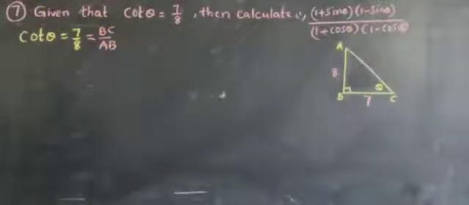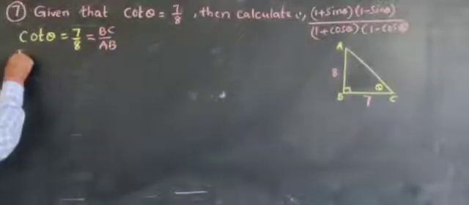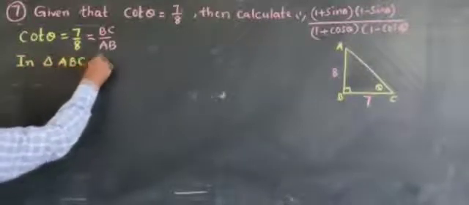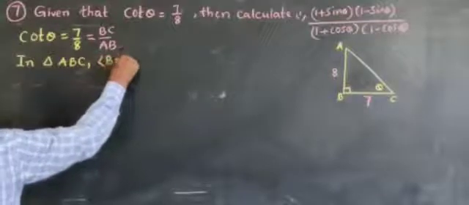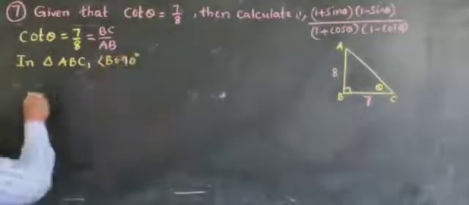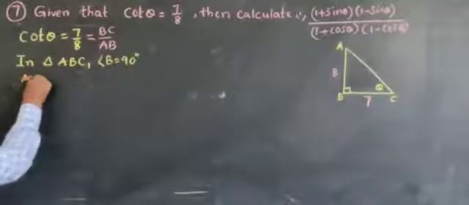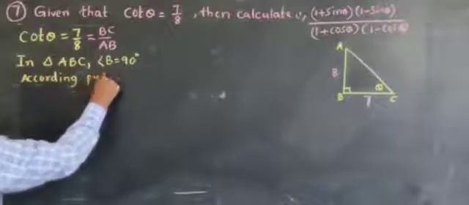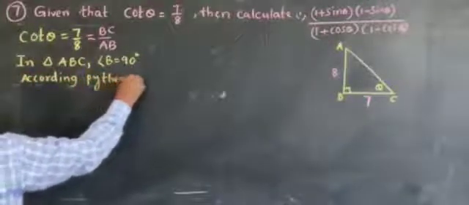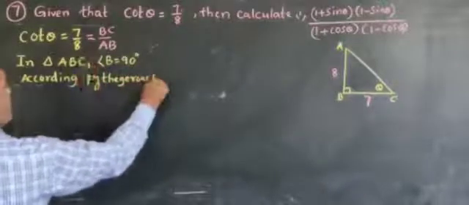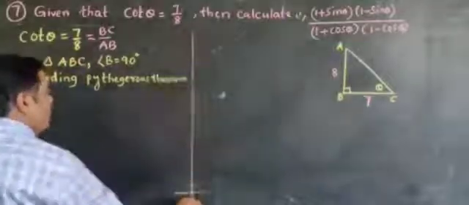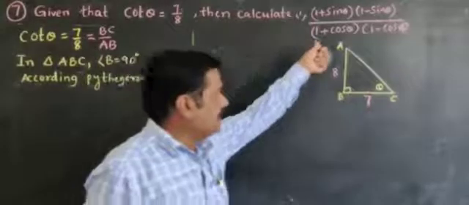Right. So in triangle ABC, angle B is equal to 90 degrees. So according to Pythagoras theorem, we have to find AC.